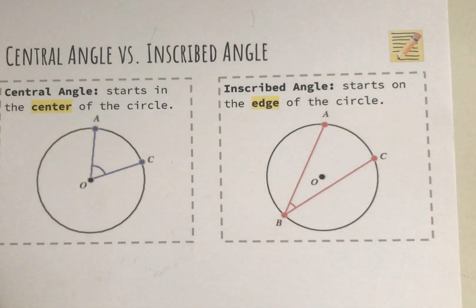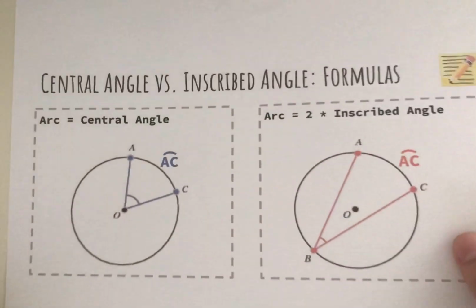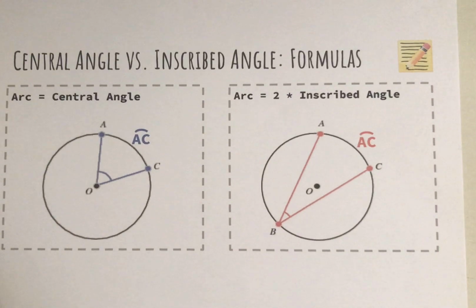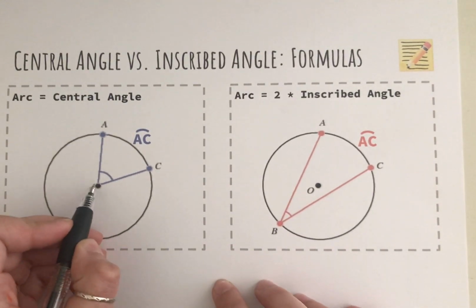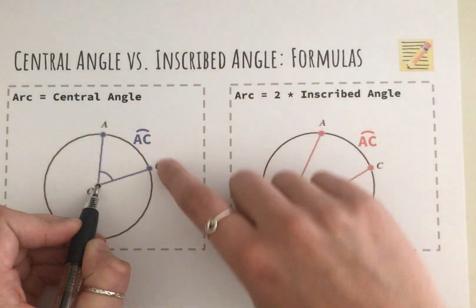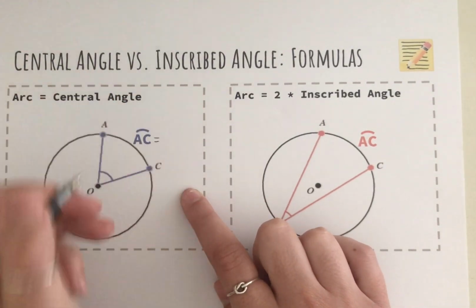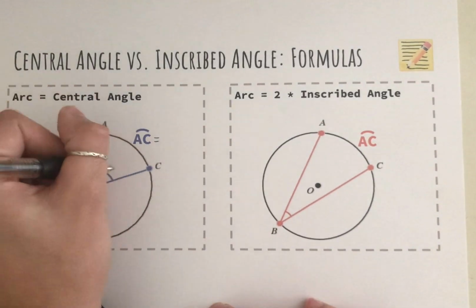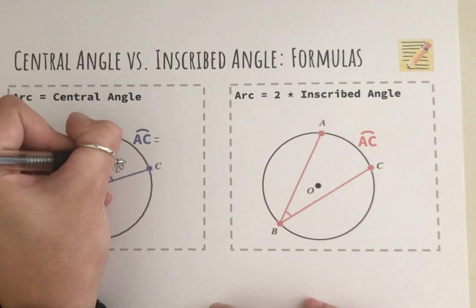Now, the relationship that these two types of angles have with their arcs is here. So if an angle starts right here in the center, central angle, and goes out, then the intercepted arc, AC, is going to be equal to whatever angle this is. So let's say this angle is 20 degrees, okay?